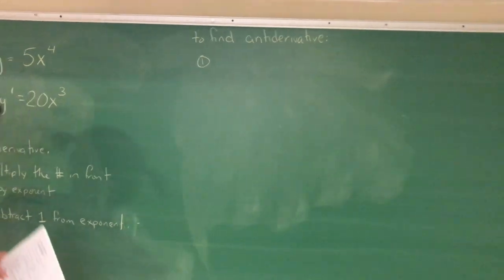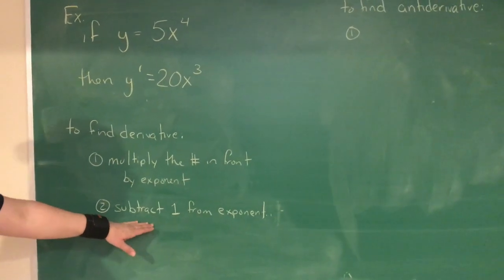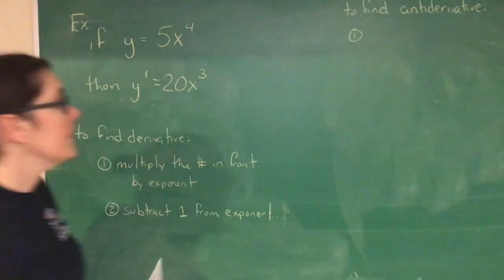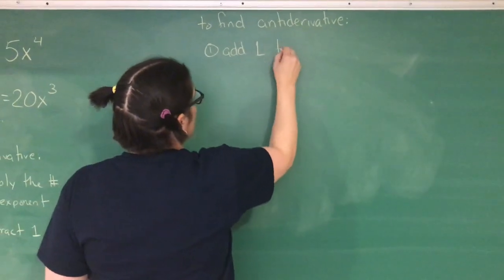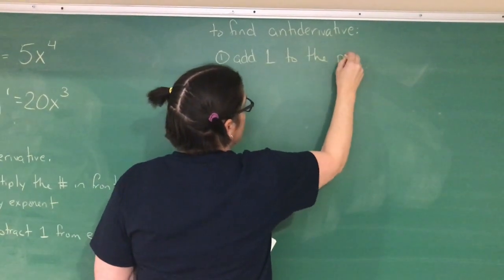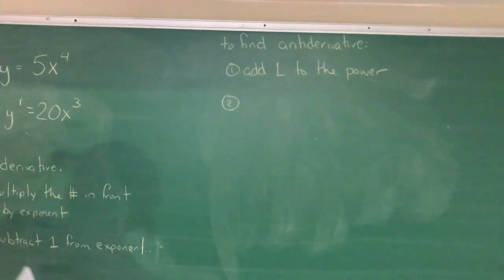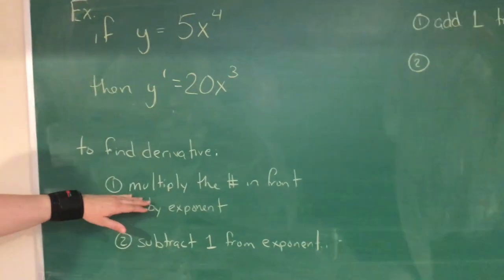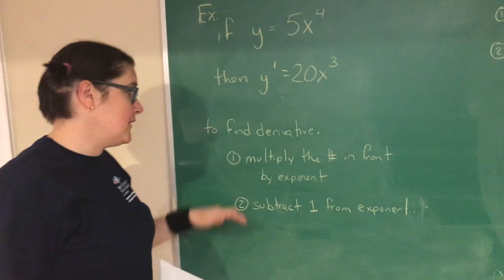step 1, well, at the bottom, at the end of finding a derivative, we subtracted 1 from the power. The opposite of subtraction is adding. So step 1 is to add 1 to the power, or to the exponent. Okay. After we do that, we work our way back up. The next step, or the first step in finding a derivative, was to multiply the number in front by the exponent.